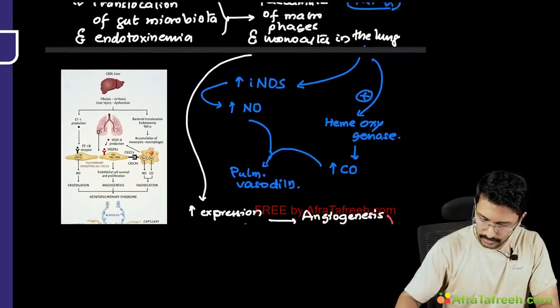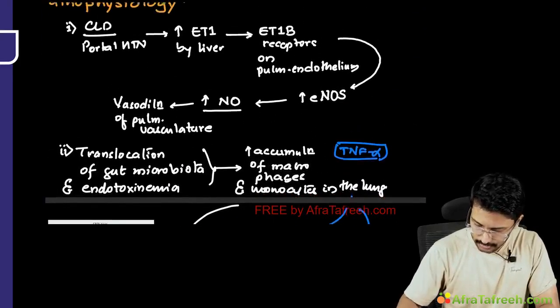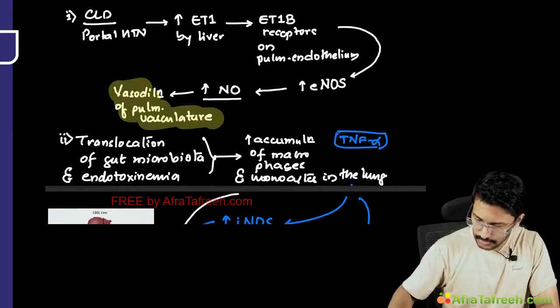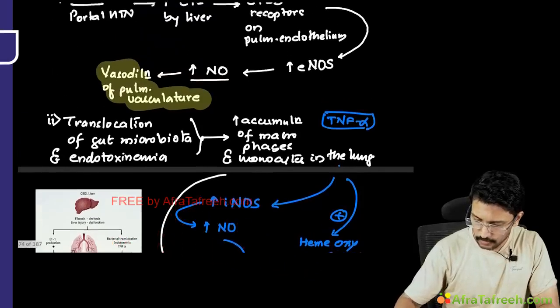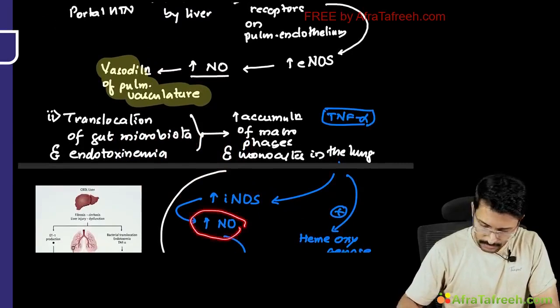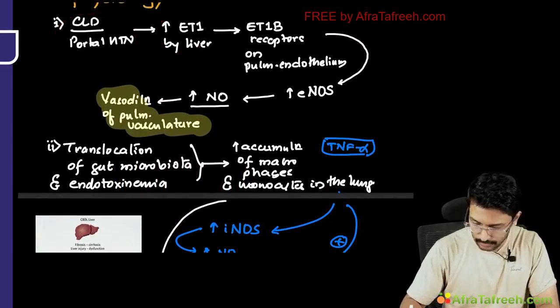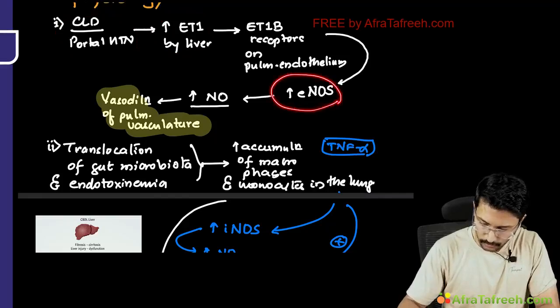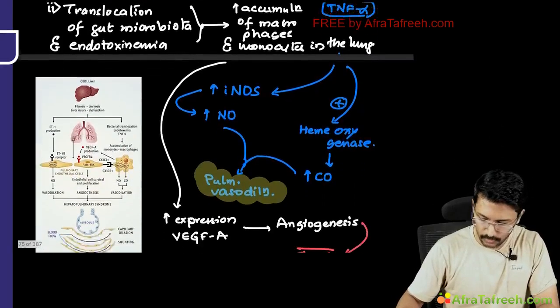Okay, so basically speaking, my real problem with pulmonary hypertension is that there is vasodilatation in the pulmonary vasculature because of two important mechanisms. One is macrophages indirectly leading to increased production of nitric oxide, and endothelin 1 by the diseased liver producing increased expression of endothelial NOS leading to increased production of nitric oxide.